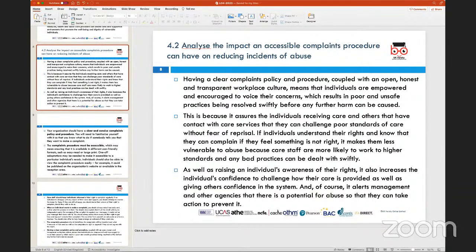So, rightly said, when we look at analysis, we will have to give a lot of different types of arguments to explain how an accessible complaints procedure can help in reducing complaints or abuse. We have discussed a couple of generic points, but when we apply them to a care home, a health and social care setting, they would be points like addressing concerns and resolving issues.